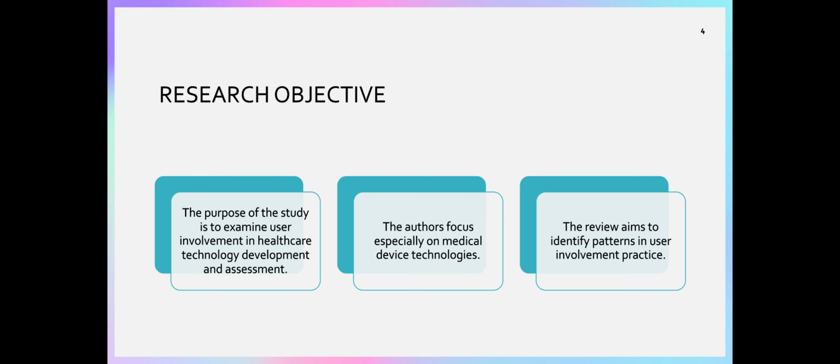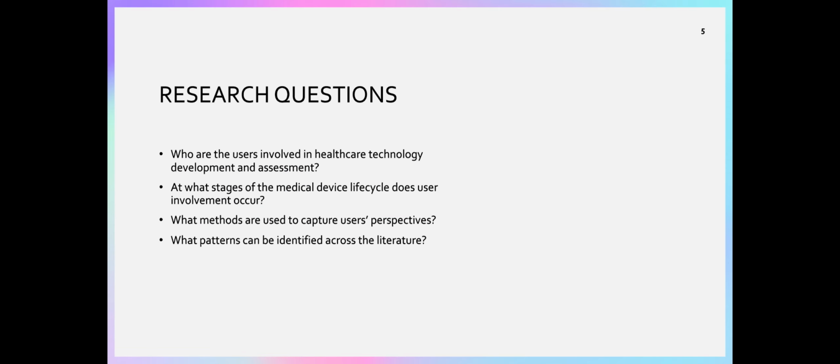So the research question here is, the paper does not give a formal hypothesis, which makes sense because this is a literature review. Instead it is guided by a few practical research questions. For example, who are the users involved in healthcare technology development and assessment?